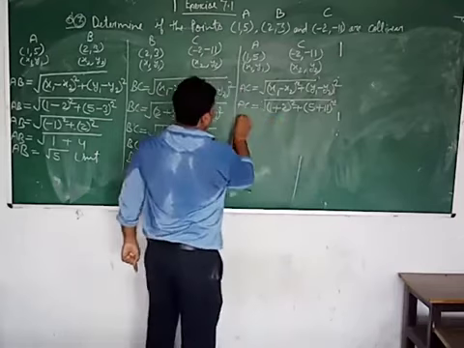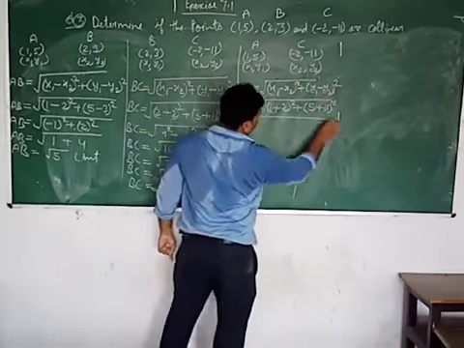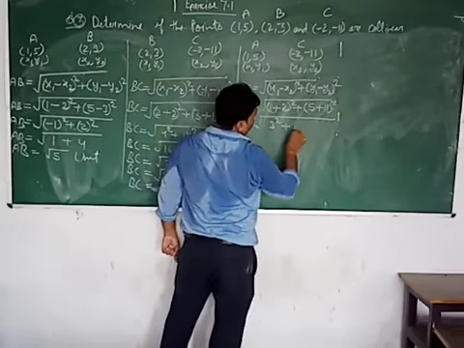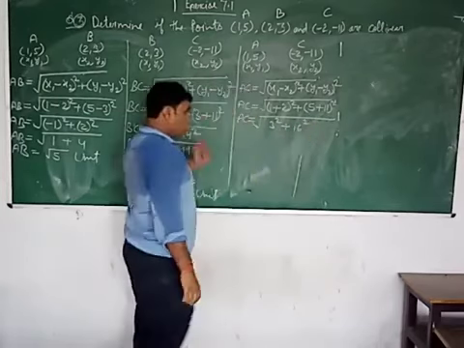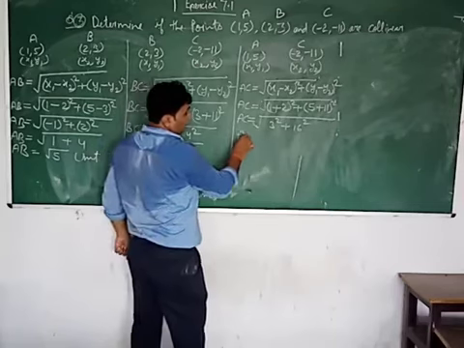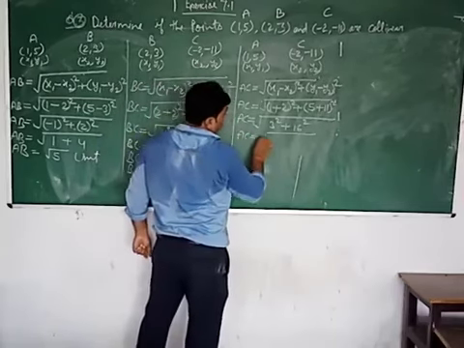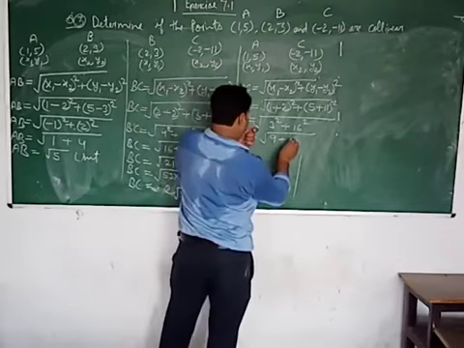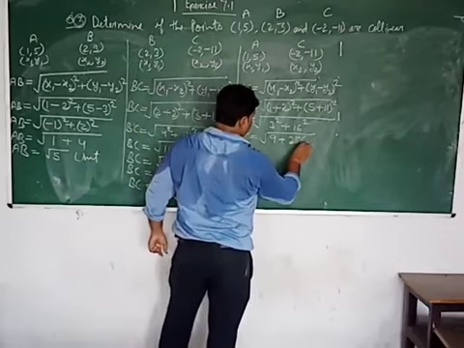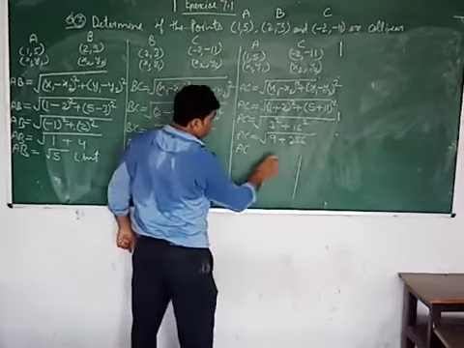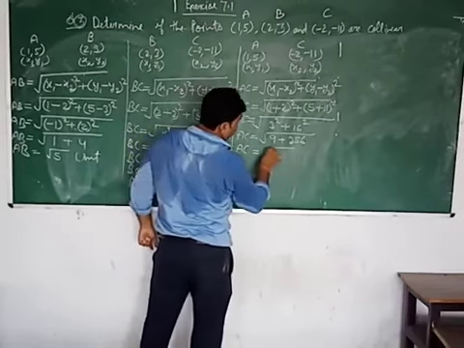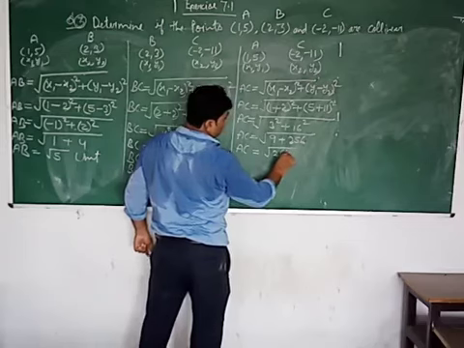So AC equal to 1 plus 2, 3 square, plus 11 plus 5, 16 square. 3 square is 9 and 16 square is 256, so AC equal to root 265.